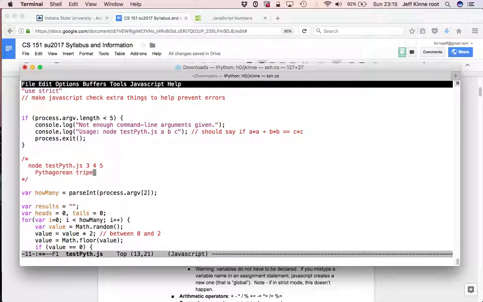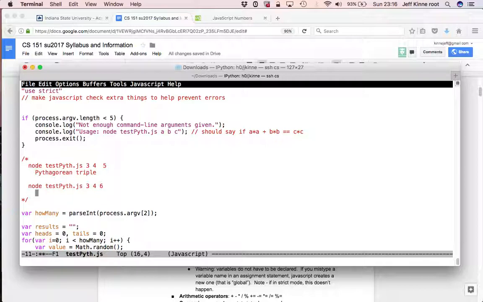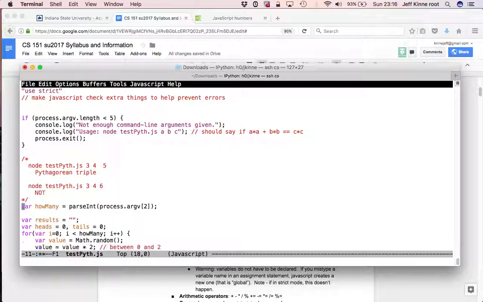So that's what it's called when they are a right triangle, because 3 squared is 9, 4 squared is 16, 5 squared is 25, and 9 plus 16 is 25, and if you put those together in a triangle, it will be a right triangle. But if I say node test pith.js 3, 4, 6, it should say not, or whatever we wanted to say.